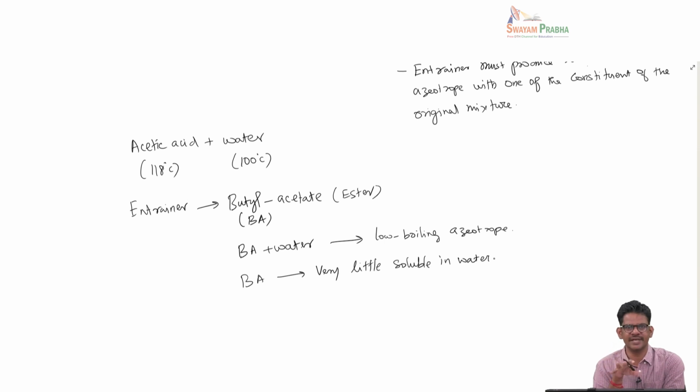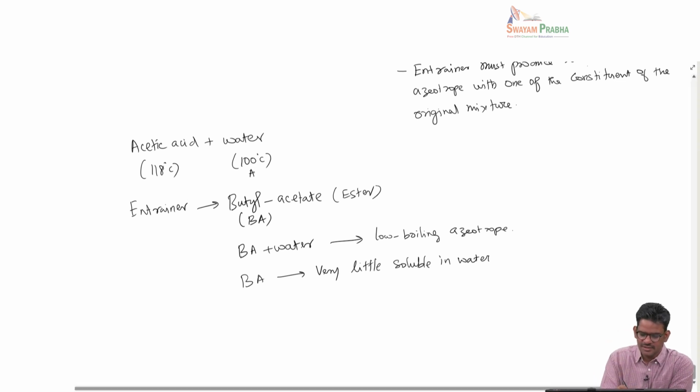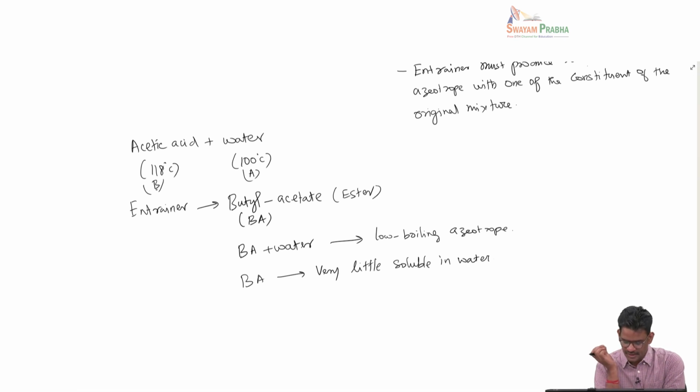So here, for the acetic acid water system, people have chosen butyl acetate as a potential entrainer because it serves this purpose of forming a low boiling azeotrope with water, and water is the high volatile component here, by the way, because it has the low boiling point.